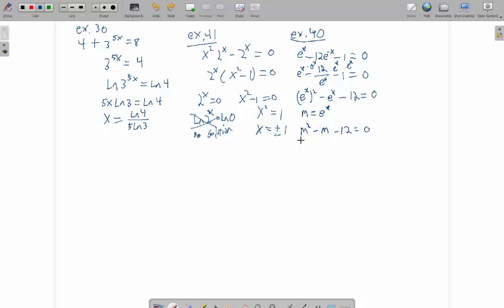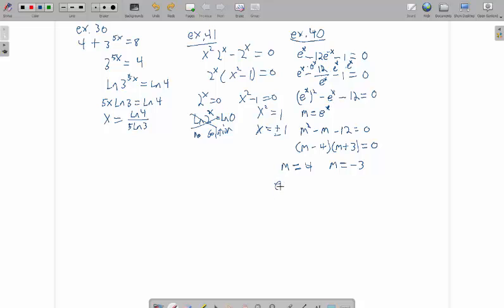So I could factor it to, let's see, m minus 4, m plus 3. So that means I have m equals 4, or m equals negative 3.